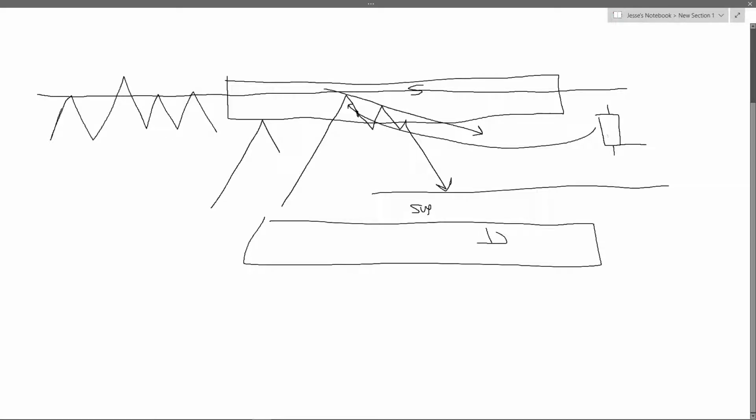Let's just say this is a green candle. My entry to the downside for puts will be at the open of this candle, and my stop will be at the close of this candle. Or your entry can be here, your stop can be here.